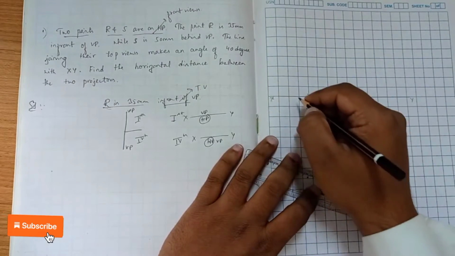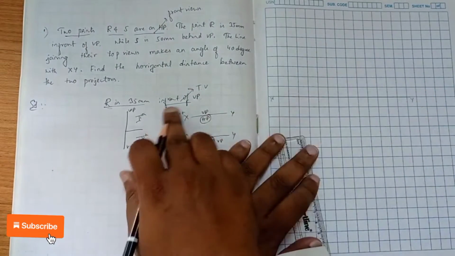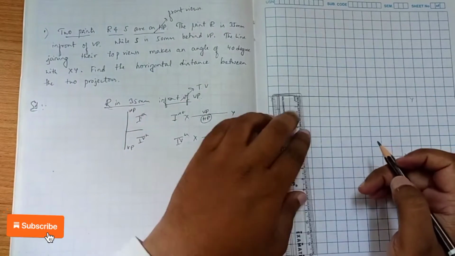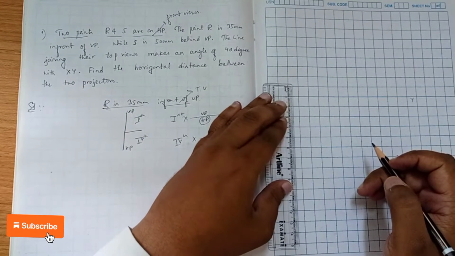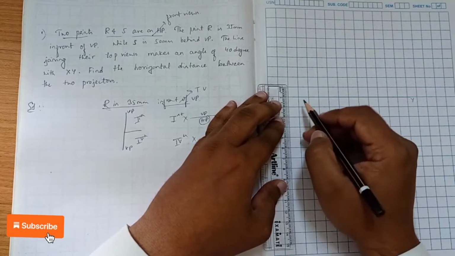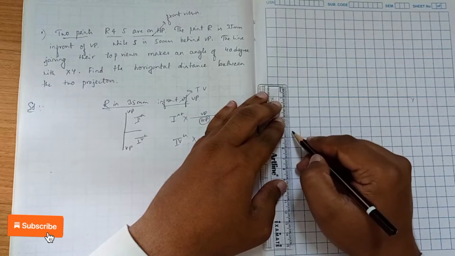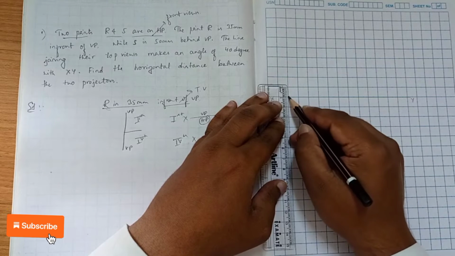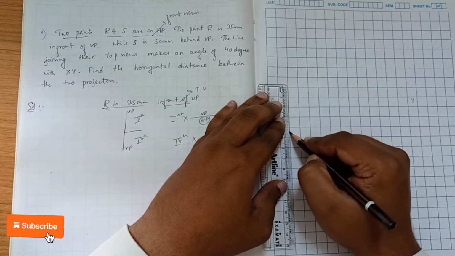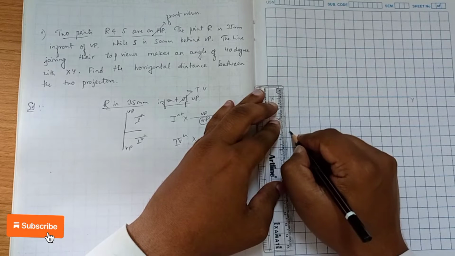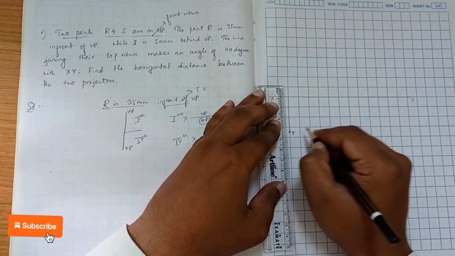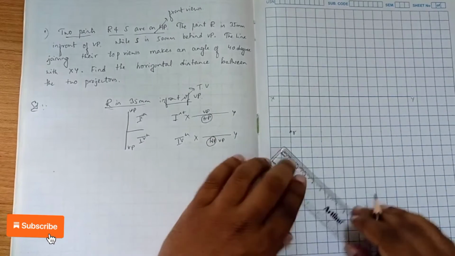First I'm going to draw this top view of R 35 mm below the XY line. 35 means here 3.5 boxes: 1, 2, 3, 3.5 boxes. So till here. This is small r, the top view.